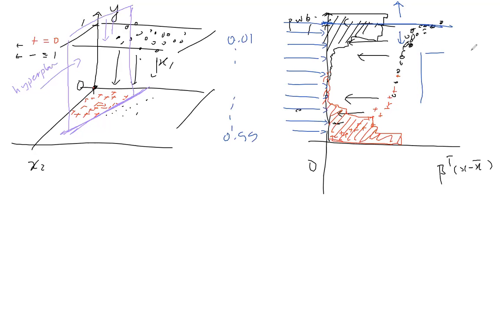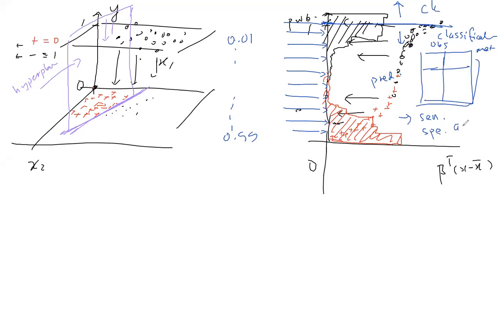Then you can compute a classification matrix. So this is the predicted, this is the observed, right? From here you can calculate things like sensitivity, specificity, and accuracy, and so on and so forth. Each of these cutoffs will have a contingency table, a classification matrix. There are many, okay?